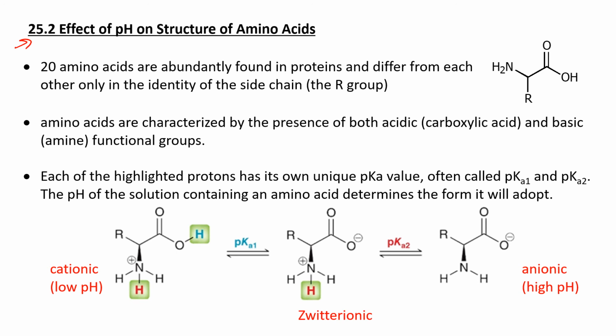So there are 20 amino acids that are abundantly found in proteins, and the difference between each amino acid is this R group. Right? By the way, we have an amino group, and that's a carboxylic acid.